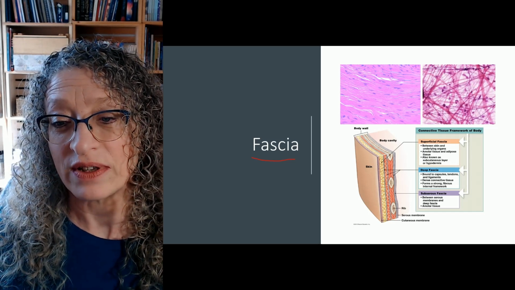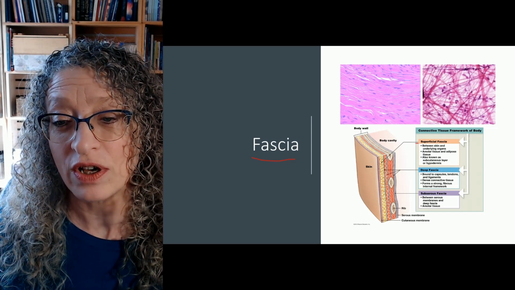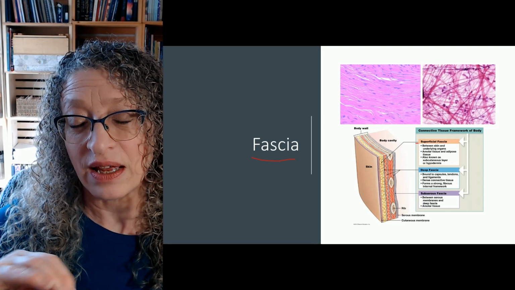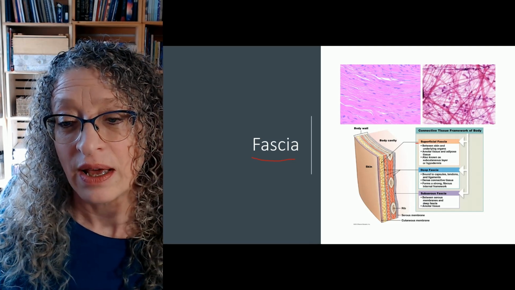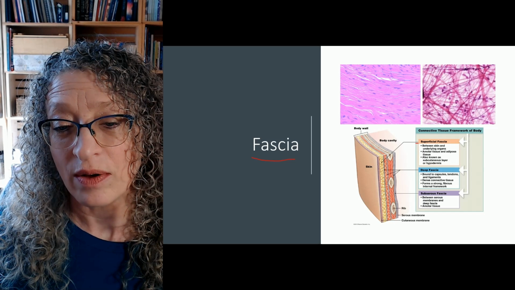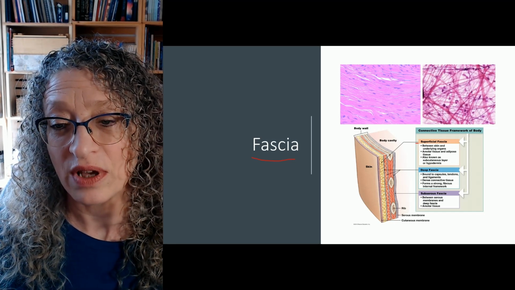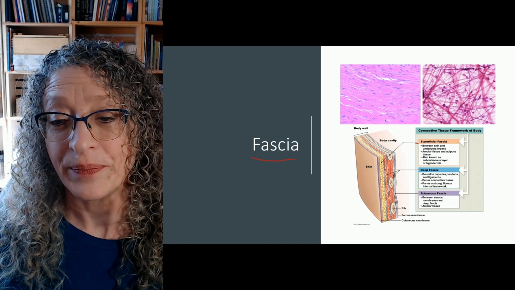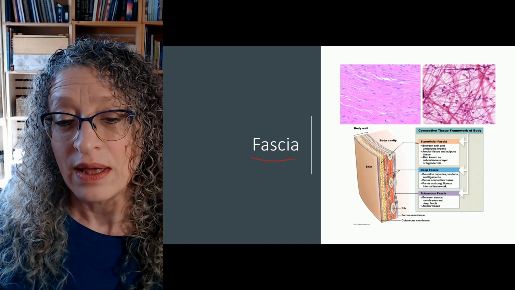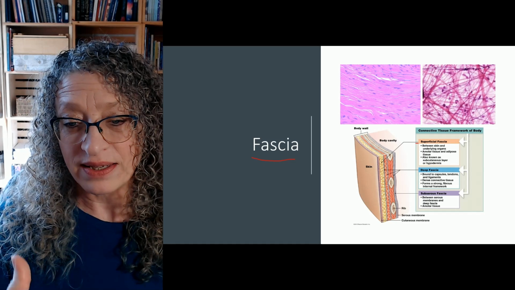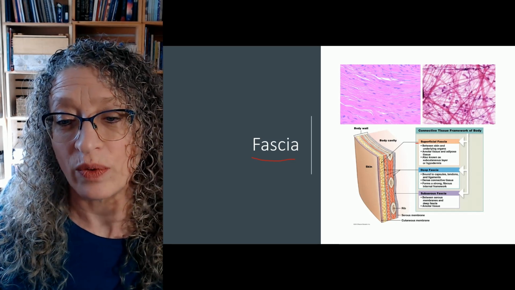So you have these superficial layers of fascia that's between the skin and any underlying organs. There's a layer of fat in between the skin and those organs that is part of that. Then whenever you get past that superficial layer, you get into what's called deep fascia.